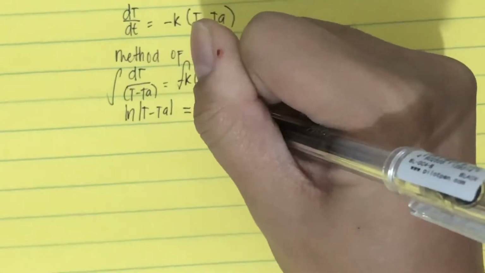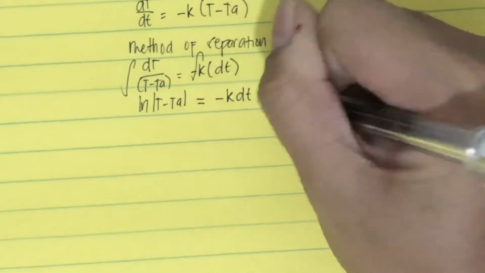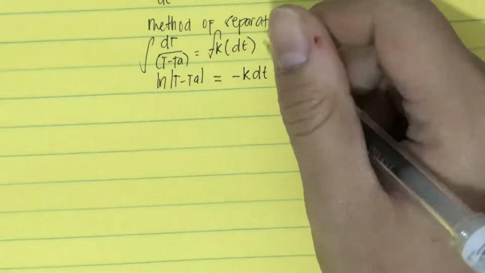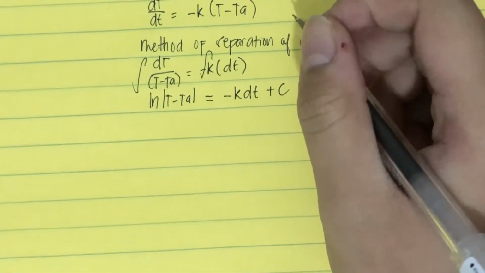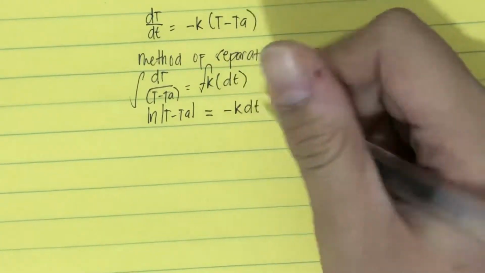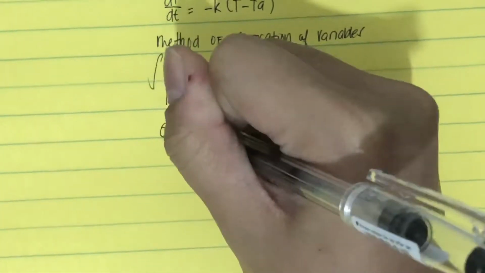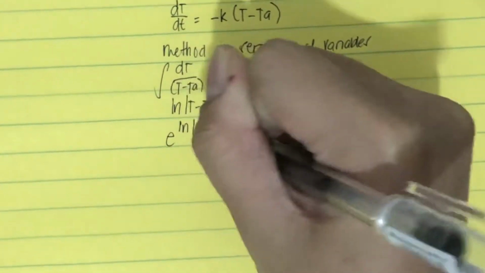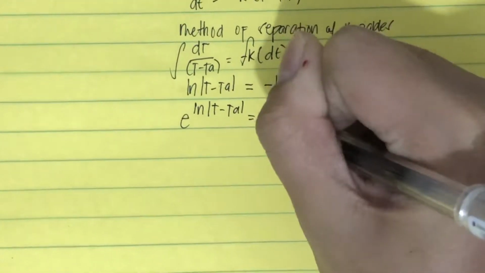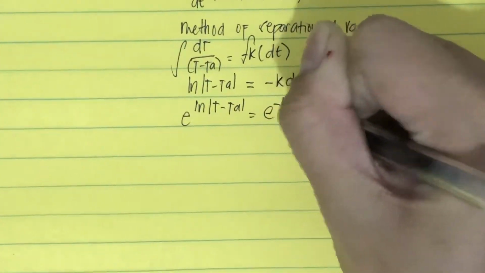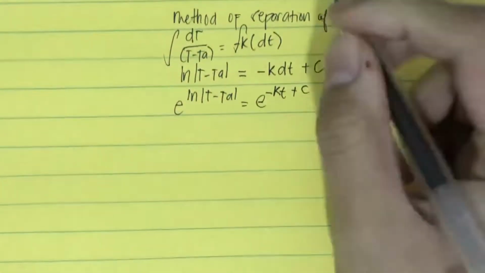Then we will get its integral and get ln (T minus Ta) equals negative kt plus c. Then we will place both sides of the equation on the exponent of e and come up with e raised to ln (T minus Ta) equals e raised to negative kt plus c.